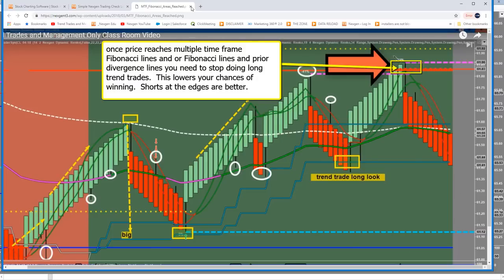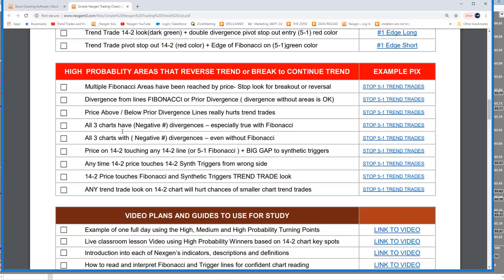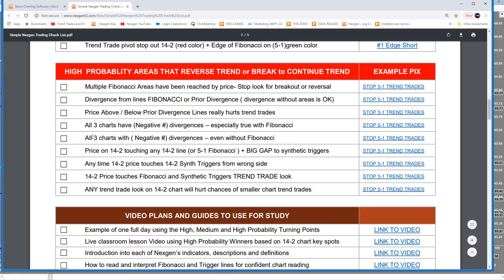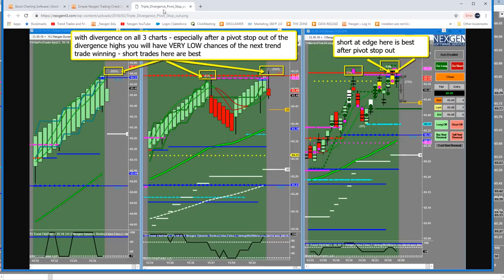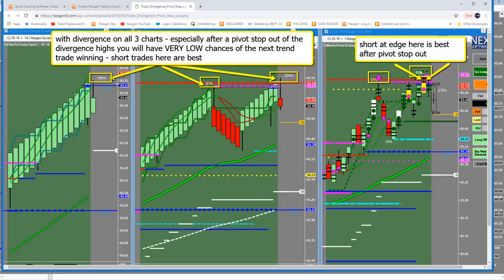Pretty straightforward. Okay, the other thing that we're going to use in this lesson, and I want you to understand, we're going to only look at one simple chart for this lesson. We're not going to look at 3 charts. So we're going to use an adaptation of this rule. We're going to use a 5-1 chart only, and if you have divergence or multiple divergences from fibs, then we're going to stop doing trend trades.